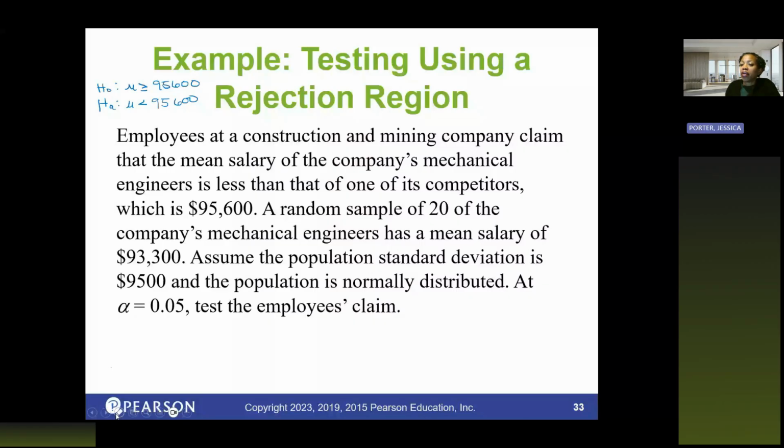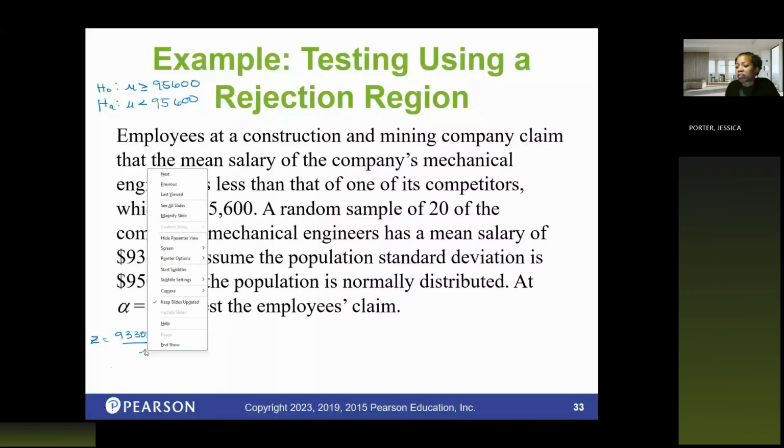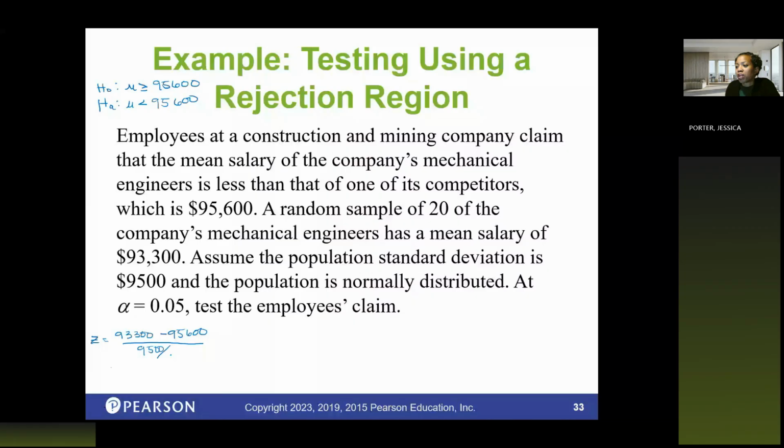All right. Now we need our Z statistic. And that's equal to X bar, 93,300 minus 95,600 divided by 9,500 divided by the square root of 20. What do we get when we put that in the calculator?